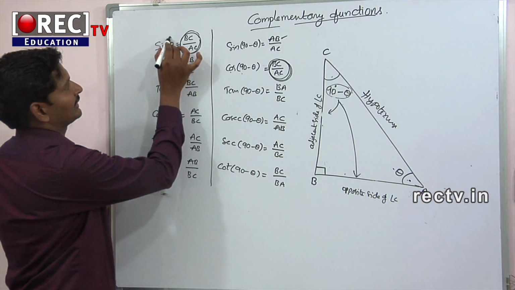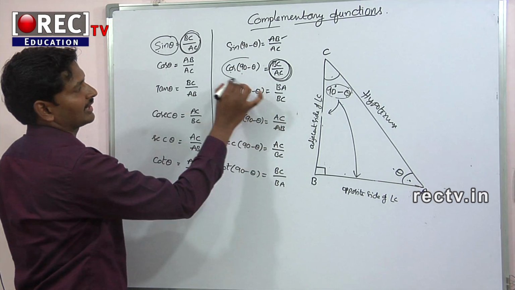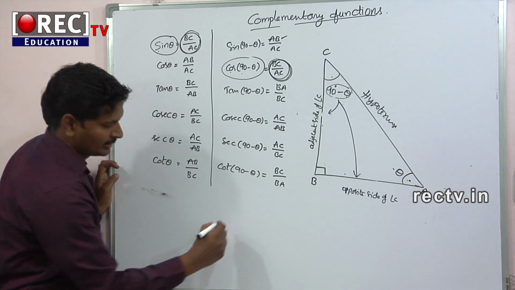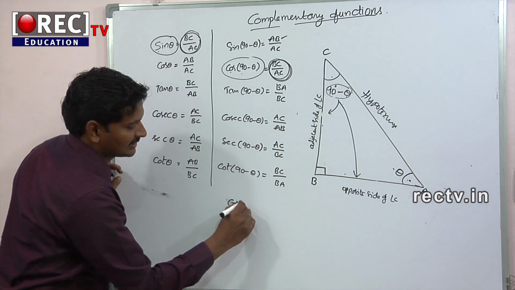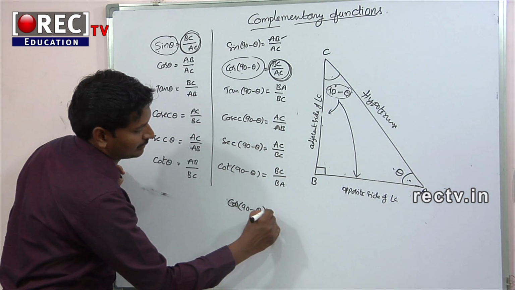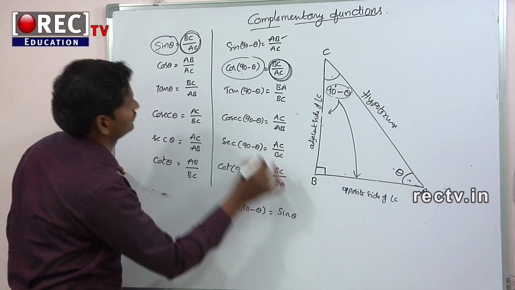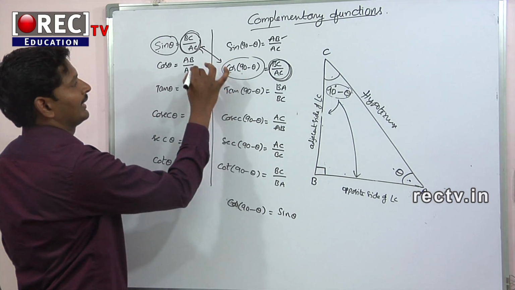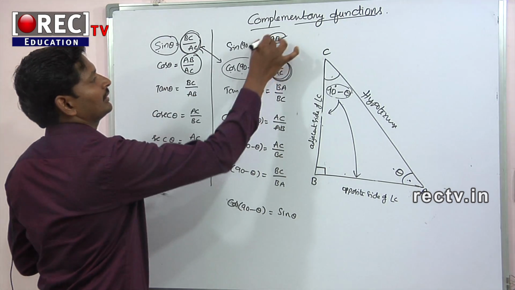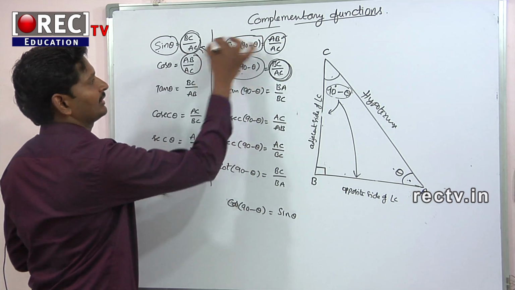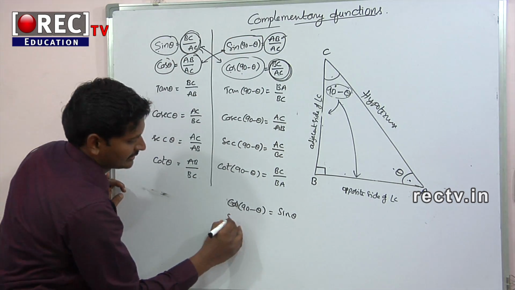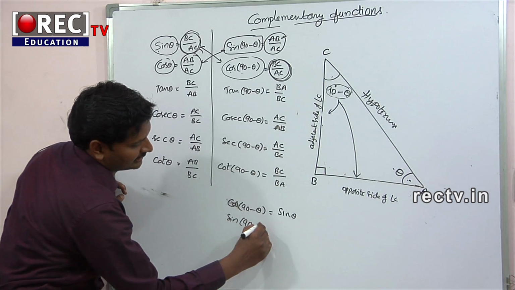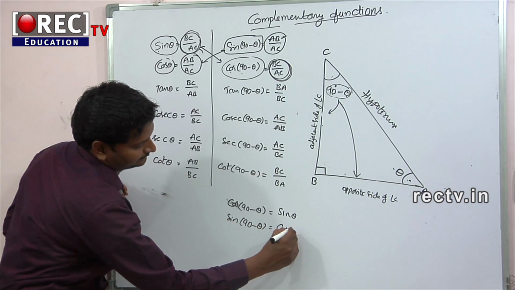So sin theta is equal to cos 90 minus theta, and cos 90 minus theta is equal to sin theta. Next, you observe AB by AC and AB by AC. So sin 90 minus theta is equal to cos theta.